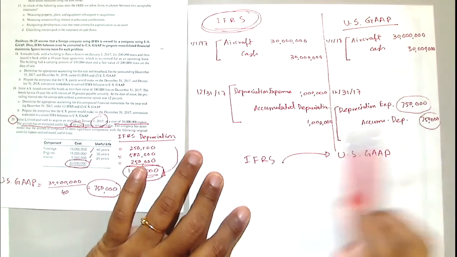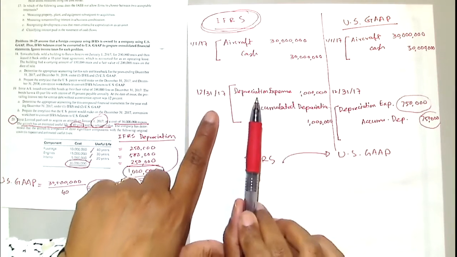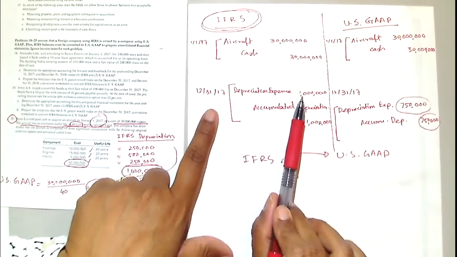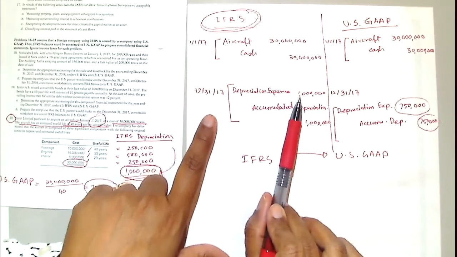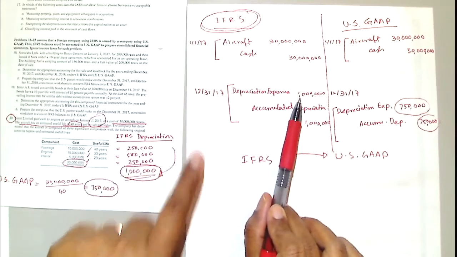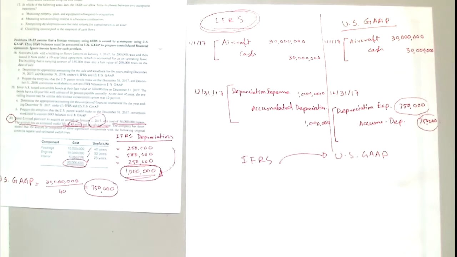Now look at the IFRS numbers. So depreciation expense. Under IFRS compared to GAAP, is depreciation higher or lower? Higher. Higher by how much? Higher by 250,000, right?